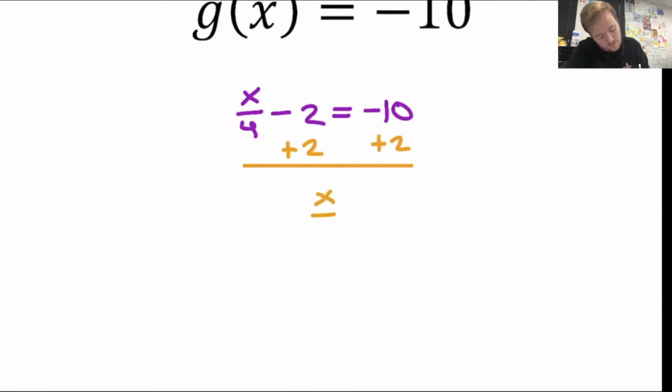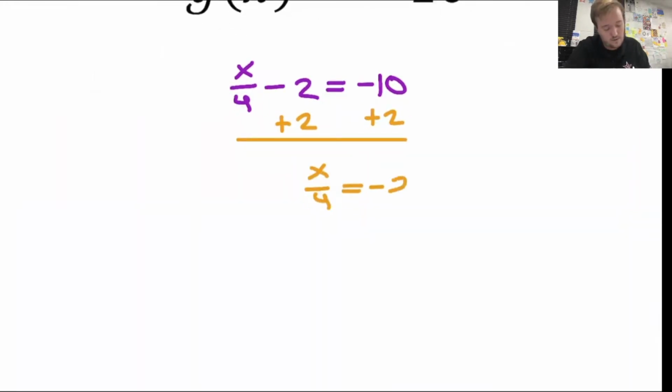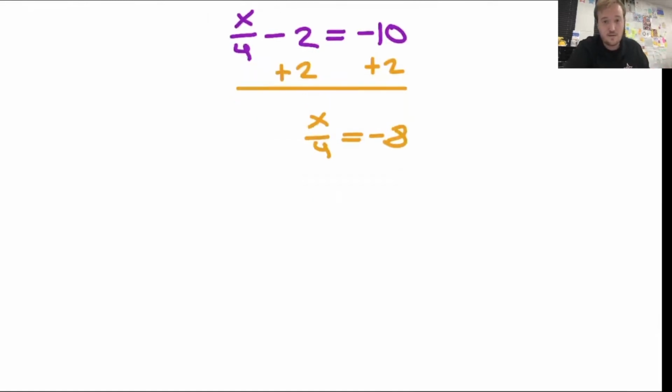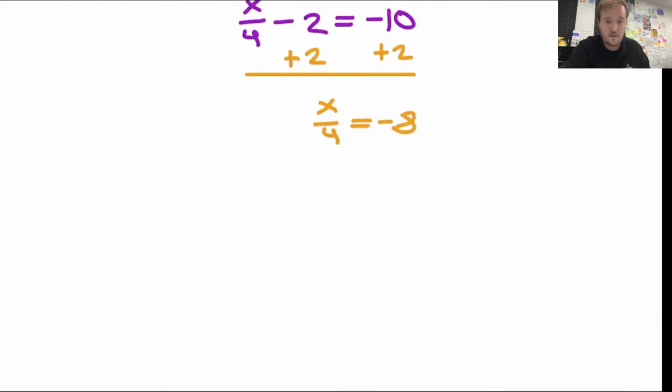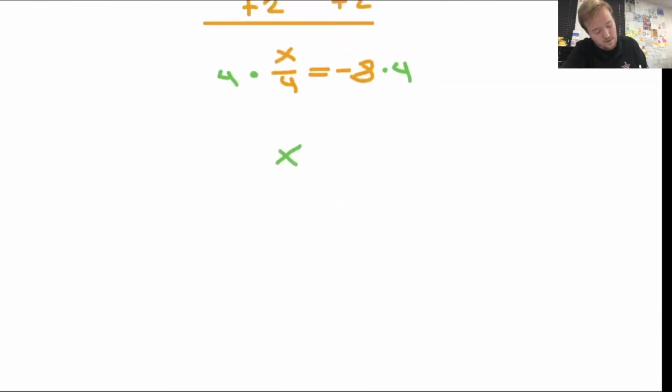So I have x over 4 equals negative 10 plus 2, which gives you negative 8. So I will say, those of you that kind of get in a rush, this is where those mistakes start happening, because I see a lot of people messing that up. I see a lot of people writing 12. Okay, then here, multiply by 4. So you're going to have x equals negative 8 times 4, which gives you negative, that's not a 3, negative 32.